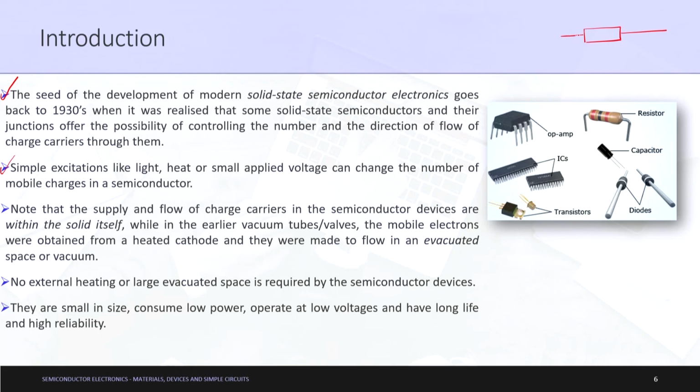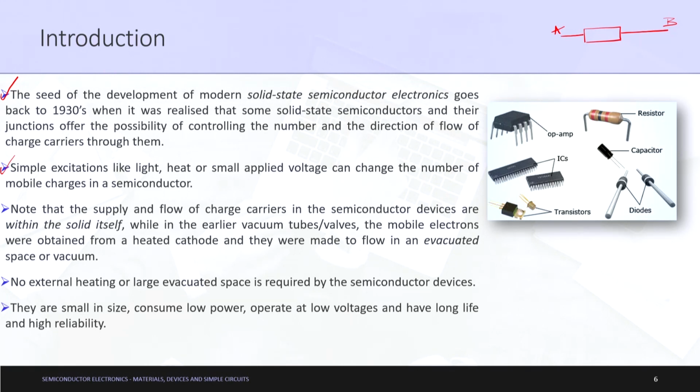What is the basic use of semiconductor devices? We need to flow the electrons from point A to point B. Let us say this is point A, and this is point B. What the second line tries to say is that normally, when an electric field is applied, this electric field tends to flow the electrons from point A to point B. This is one of the ways.